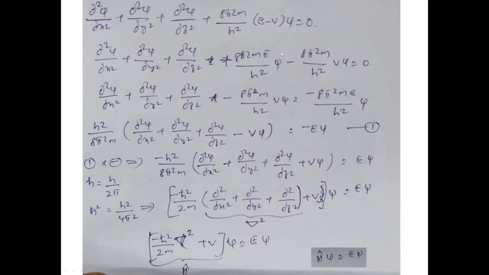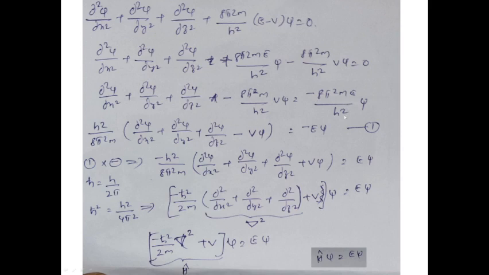When we take this term to the right hand side, the plus sign becomes a negative sign, and the other term remains on the left hand side. This term stays the same, and next is minus 8 pi square m by h square V psi. And on the RHS we get 8 pi square m E by h square psi.